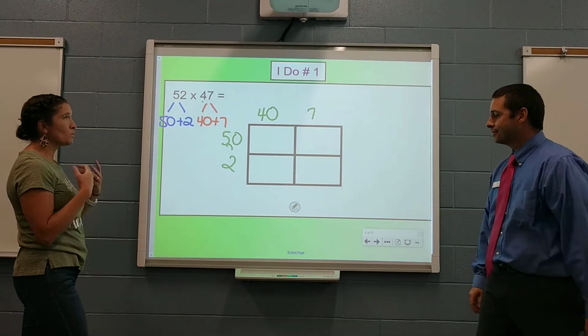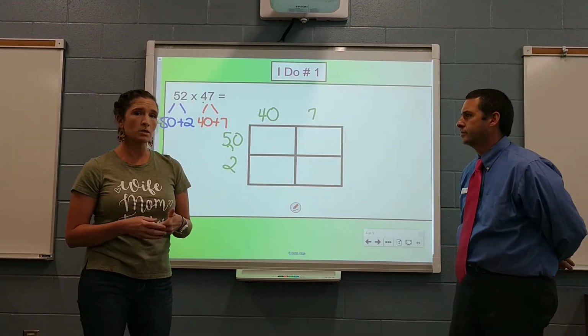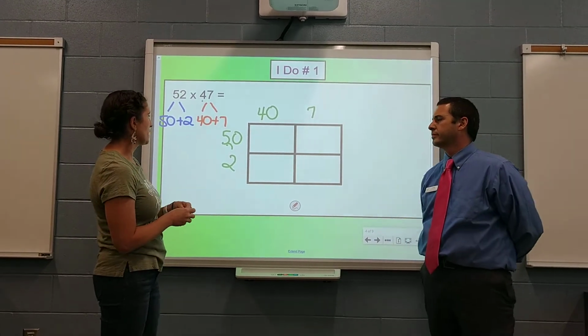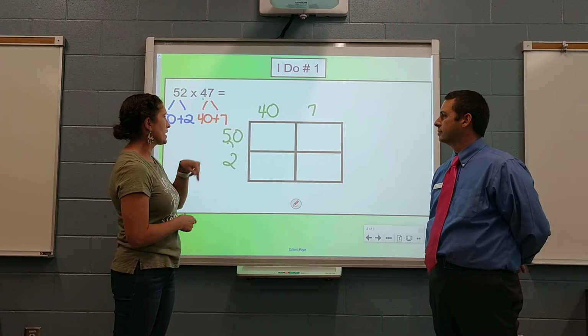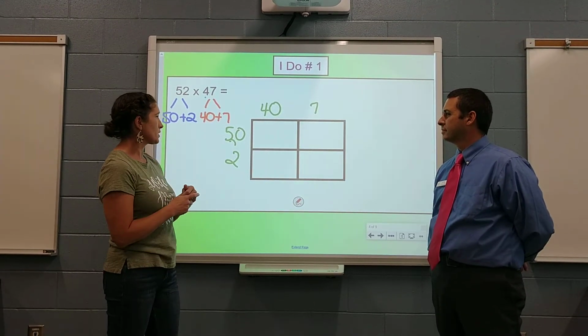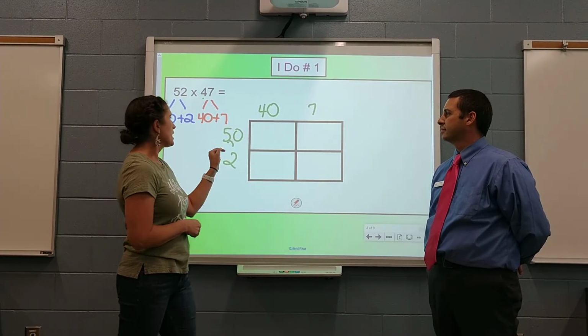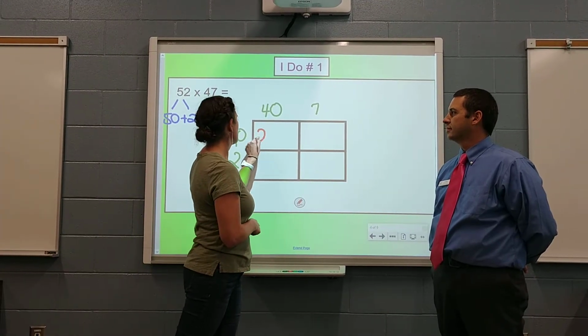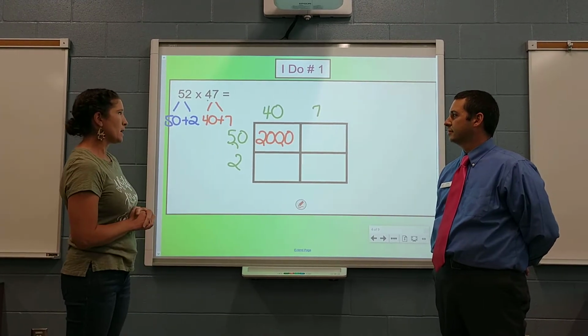All right, once we have all that set up, this is where we actually start multiplying our factors together. Now we have our 50 and our 40, and since they are together here, we're going to multiply those first. So we're going to say 50 times 40, and we would say 2,000.